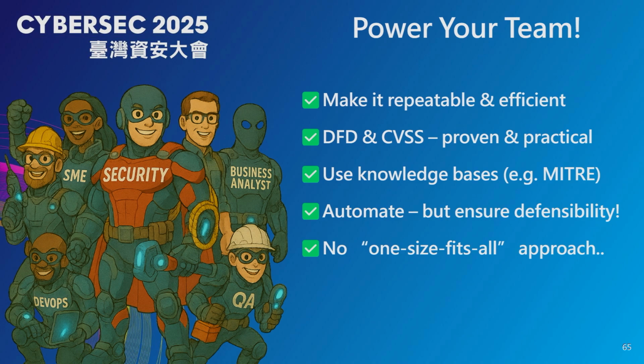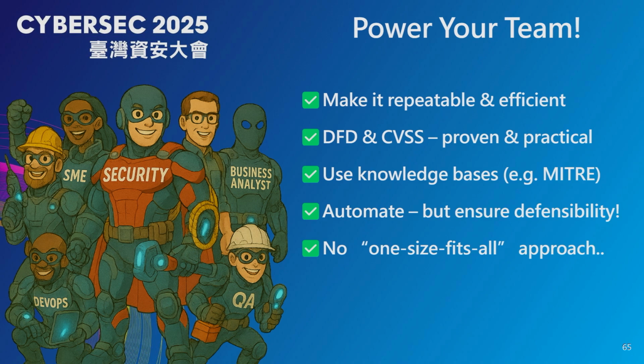All right, so to summarize, the goal is to power your team with the right tooling in order to have confidence that they covered all the security elements in their software. To make it repeatable and efficient, base it on the most commonly documented tooling like DFD and CVSS, and use the knowledge base, which is really important to be able to justify the coverage.